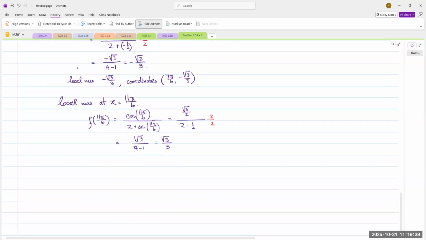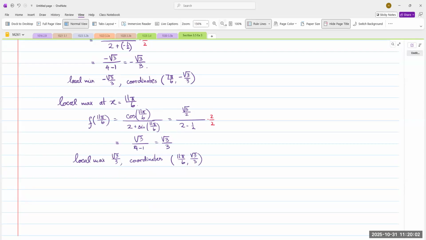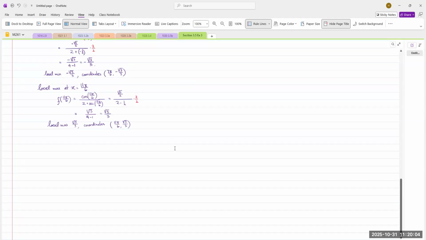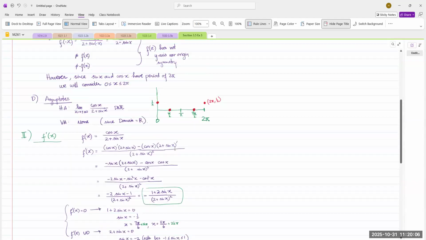So from there we see the local max is radical 3 over 3 with the coordinates 11 pi over 6, radical 3 over 3. That's very, very small. Let's come back here.